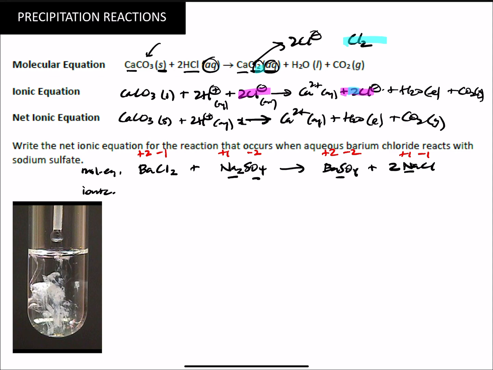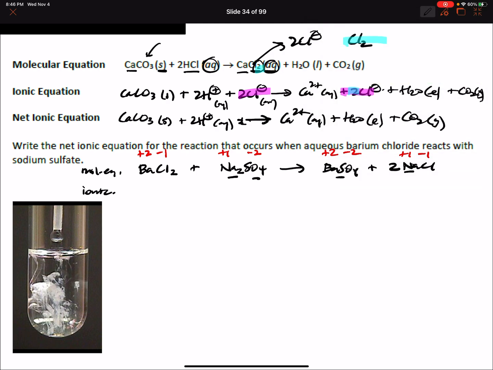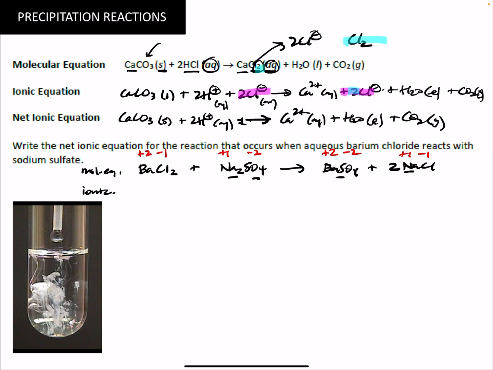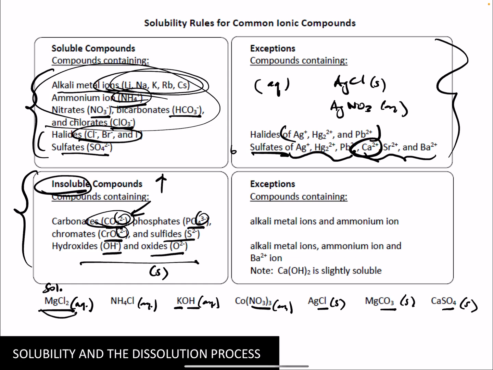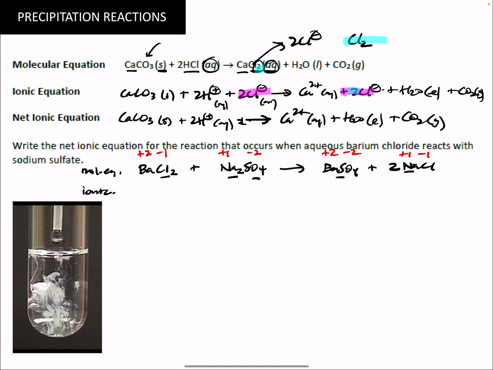So we got to think about our solubility rules. So halides are usually soluble with 6 exceptions, and this is not one of them. Oh, so I said that wrong. Bad work by me. So halides are usually soluble with 3 exceptions: silver, mercury, and lead.